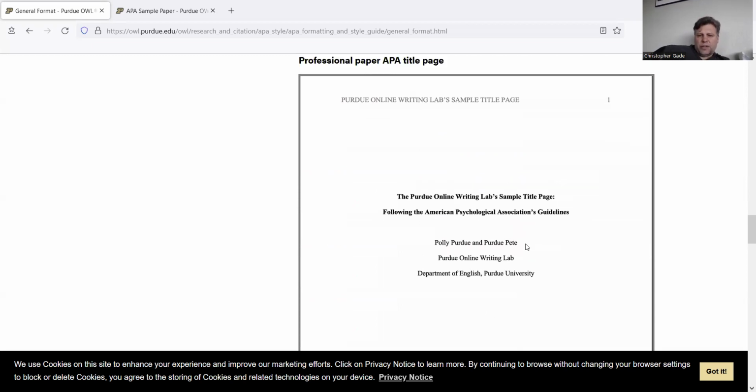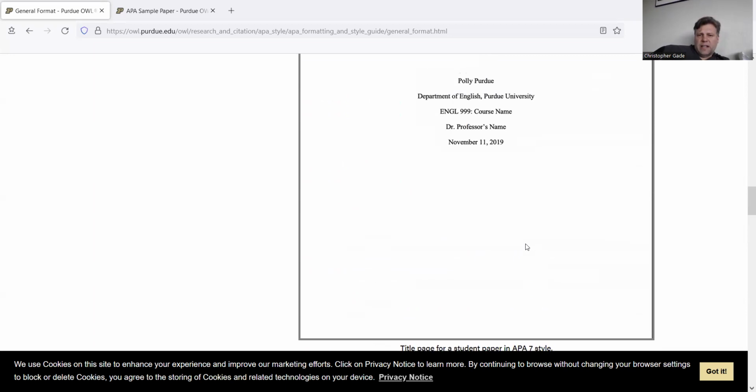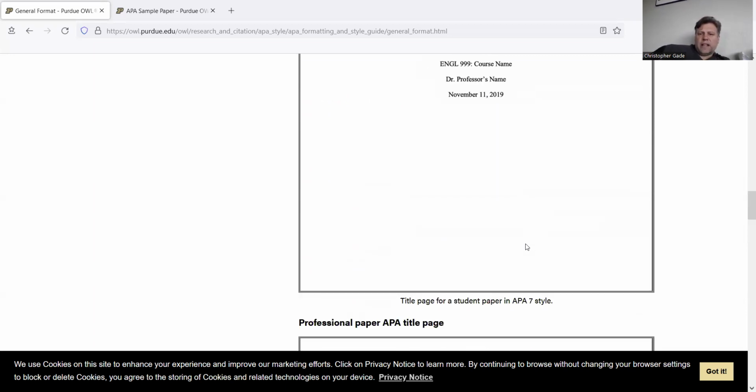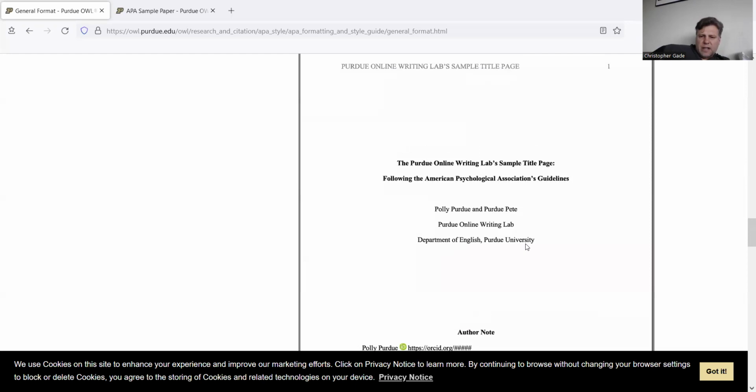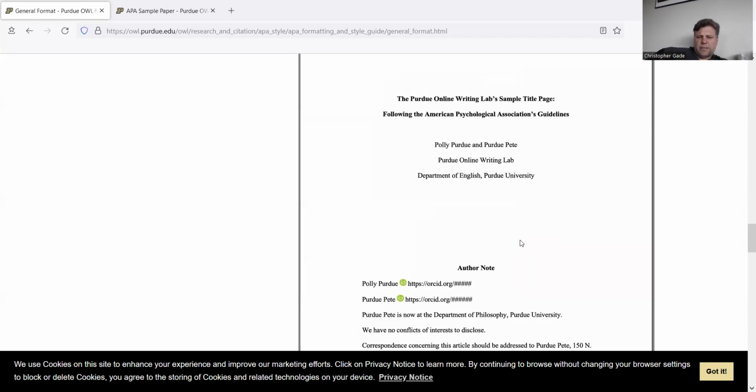And what you're going to be doing within it is including just basic components of, well, I guess, where it's coming from. So I don't think you actually need the Purdue Online Writing Lab because that's not a lab that you're actually in. So really all you need is the Department of Psychology from Cal State East Bay.